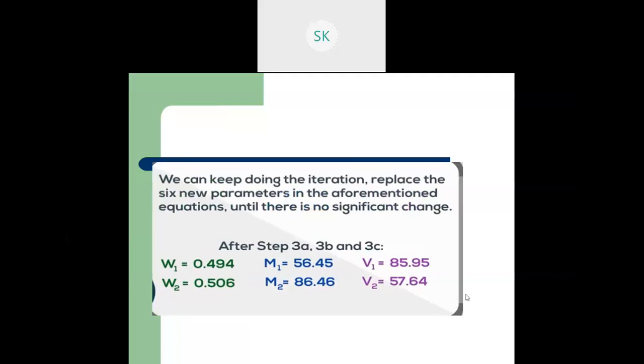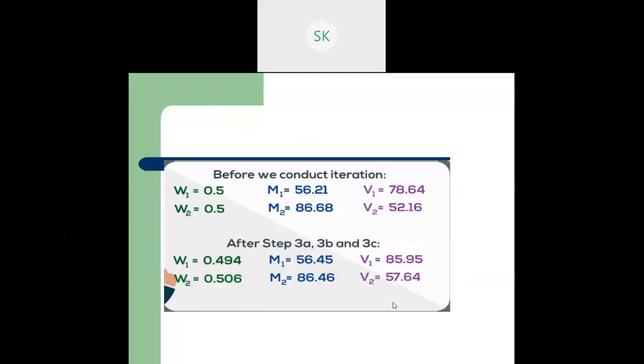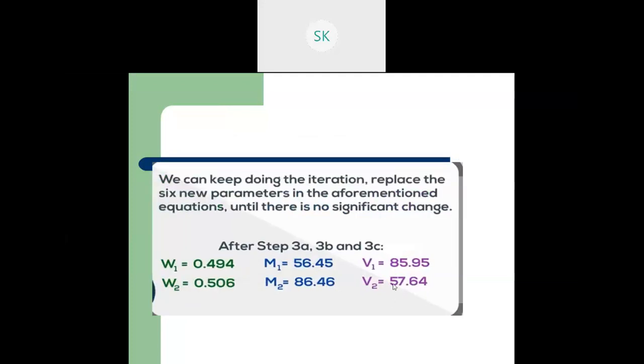Next, we can keep iterating, replacing the six new parameters in the aforementioned equations until there is no significant change. After the steps, we got these six values: two for weights, two for means, and two for variances, as we have two components, 1 and 2.